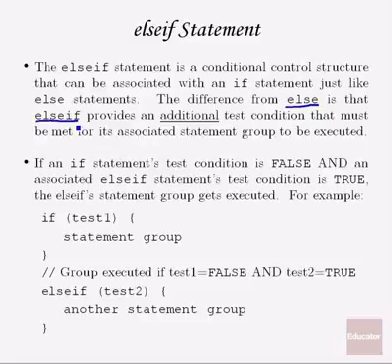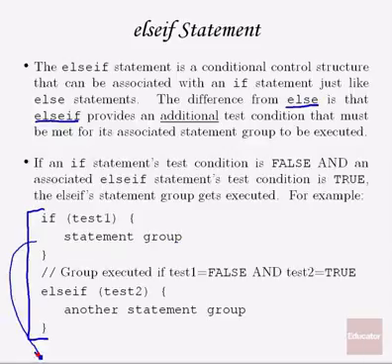So for example, this is an example of an if statement combined with an else if statement. Here we have if and then test condition 1. If test 1 is true, the if statement group gets executed and execution continues down at the bottom. Now if this test condition equals false, instead of going down to an else statement, we go down to an else if statement.